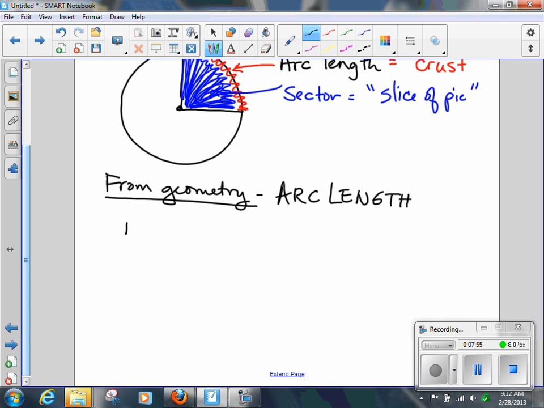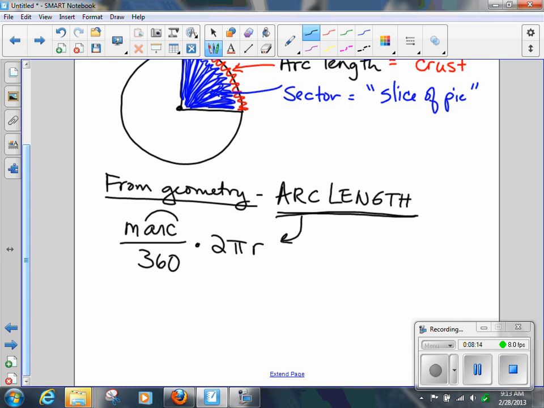We were given the formula in geometry that the measure of the arc divided by 360 times 2 pi r was the formula for arc length. Okay? The measure of the arc divided by 360 times 2 pi r.